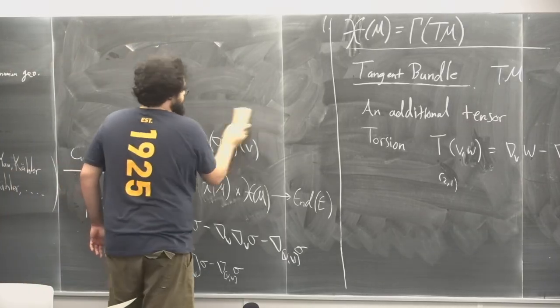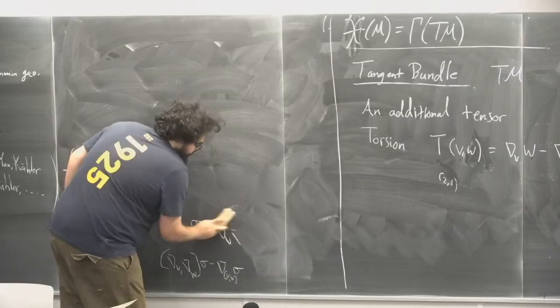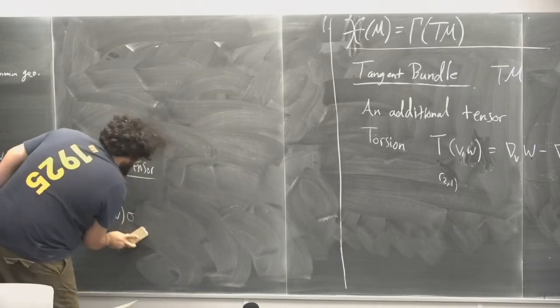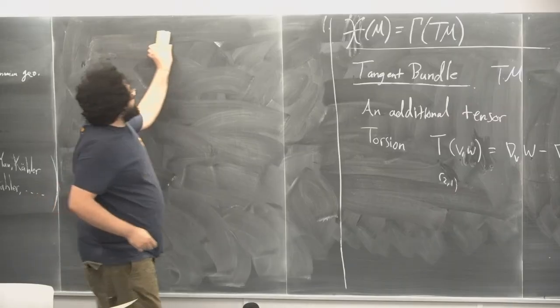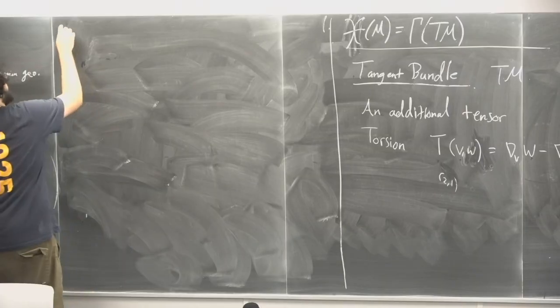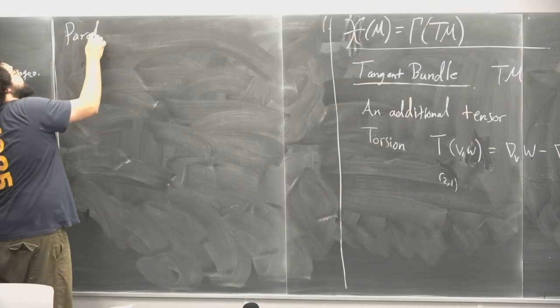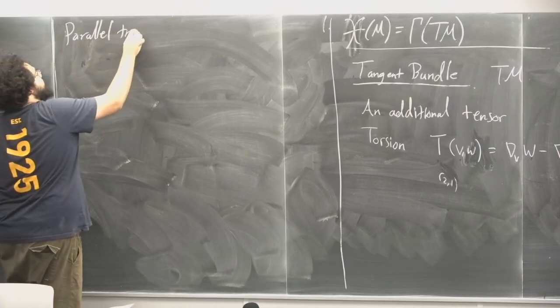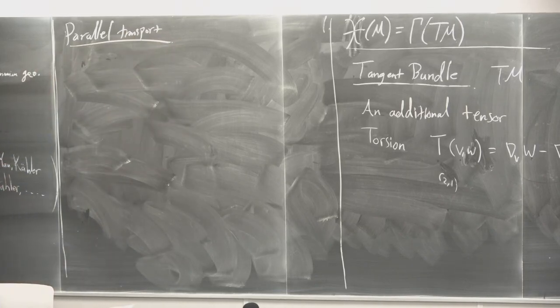Okay, so now that our review of Riemannian geometry is done, we're going to do more Riemannian geometry, but it's not going to be review. We're going to define what parallel transport is. So, parallel transport is also defined on a general bundle with a general connection.